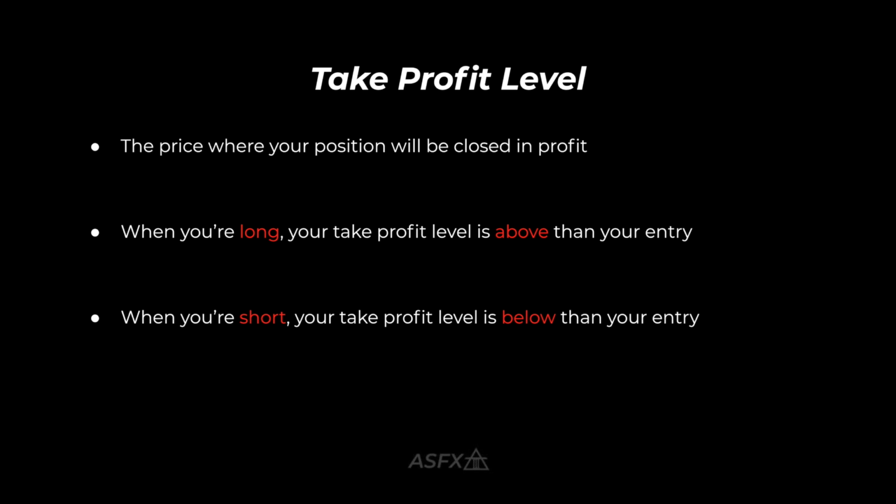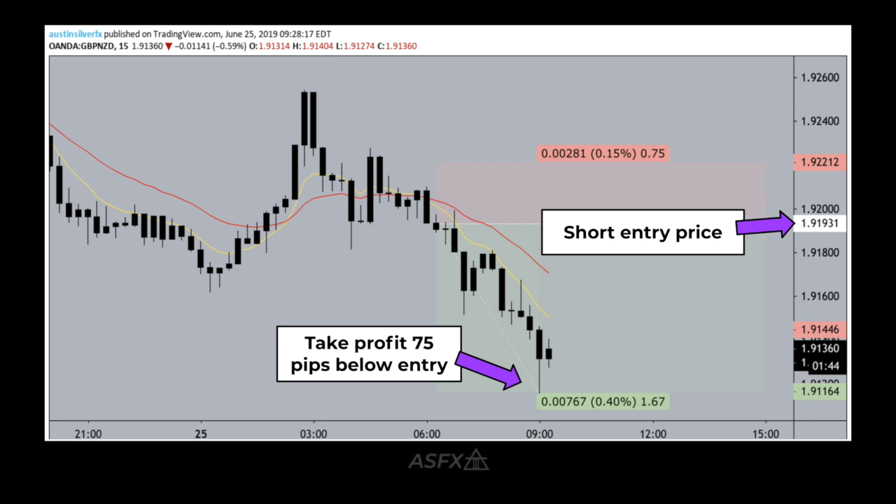And as we move through this course, I'm going to show you very specifically where you're going to put your stop loss, where you're going to put your take profit, and how you're going to know how to do it every single time based on the patterns that repeat. So when you're short, naturally, your take profit level is going to be below your entry price, because if you're long, you want price to rise. If you're short, you want price to fall. Here's another example here.